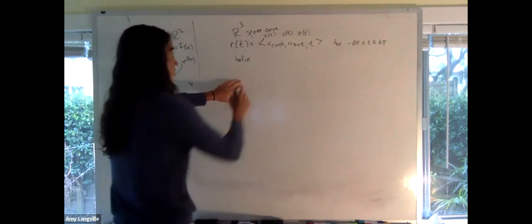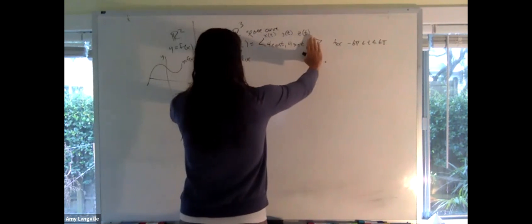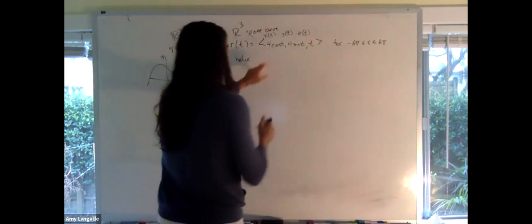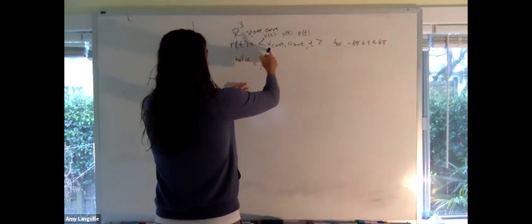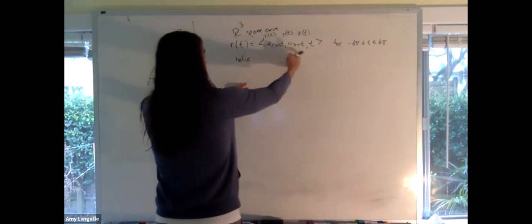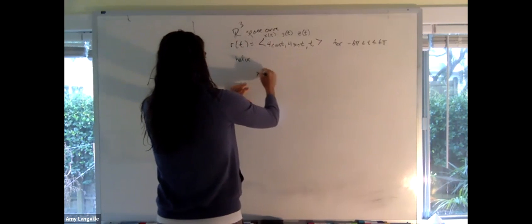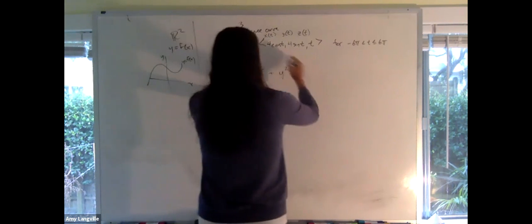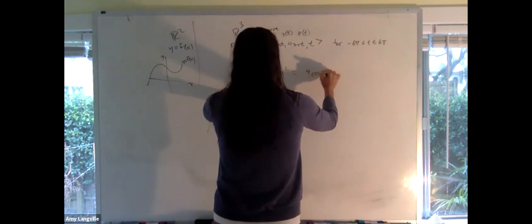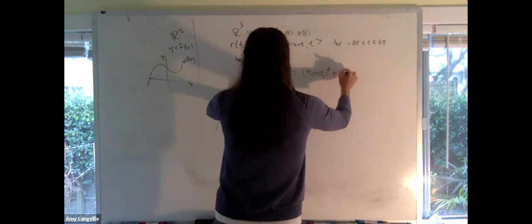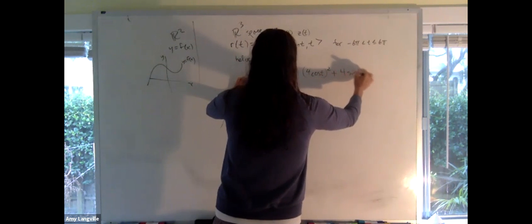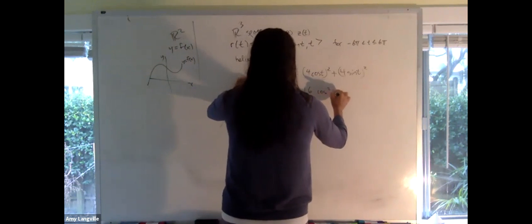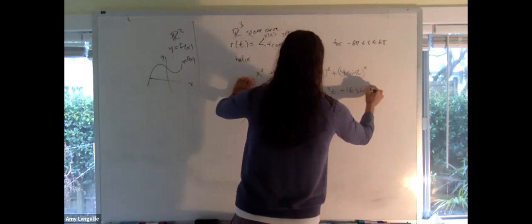But one thing you can notice, what makes it a helix. So let's ignore this part for a minute, take it down a dimension to a simpler space in R2, and just look at if we did x(t), the first component, squared plus y(t) squared. So what if we did this? Just look at what that is. Well, that would be 4 cosine t squared plus 4 sine t squared, which is 16 cosine squared t plus 16 sine squared t.